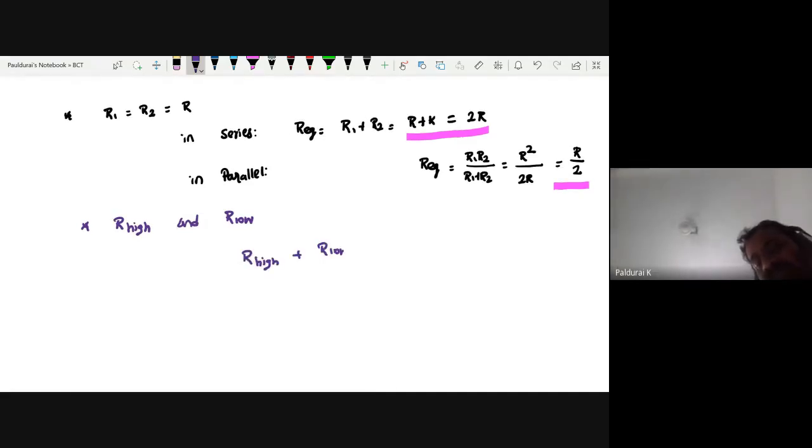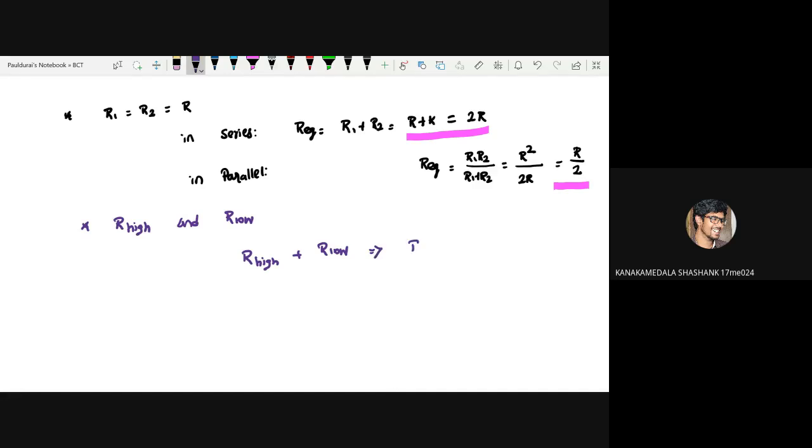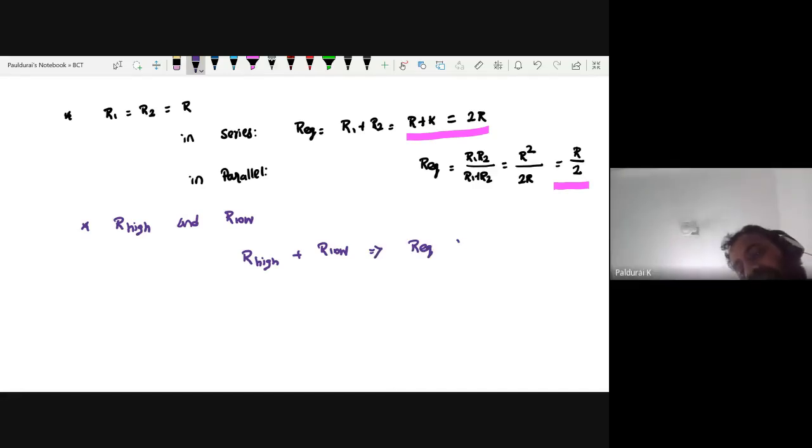In series, R equivalent is greater than or equal to R high, right? Suppose R high is in parallel with R low. At that time, what is our R equivalent? It is less than or equal to R low, right?